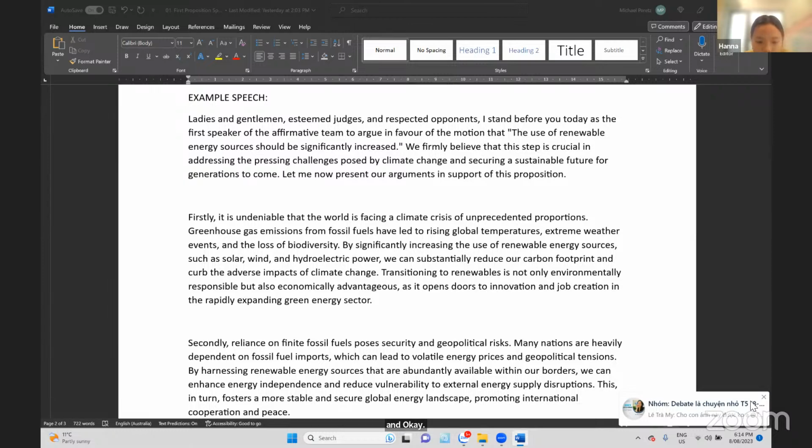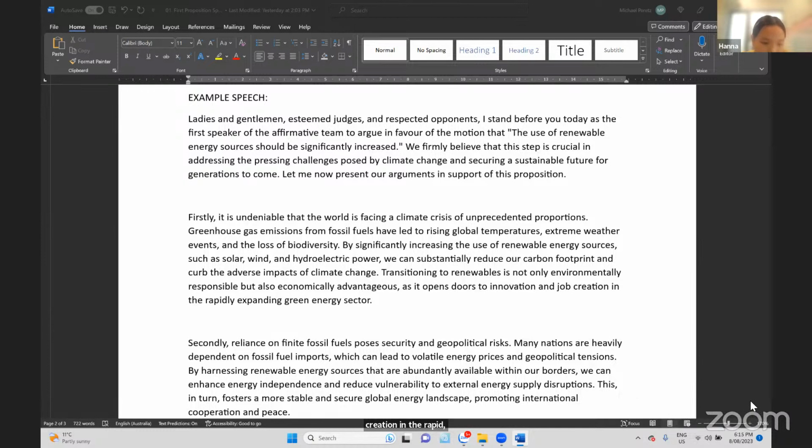Transitioning to renewables is not only environmentally responsible, but also economically advantageous, as it opens doors to innovation and job creation in the rapidly expanding green energy sector.